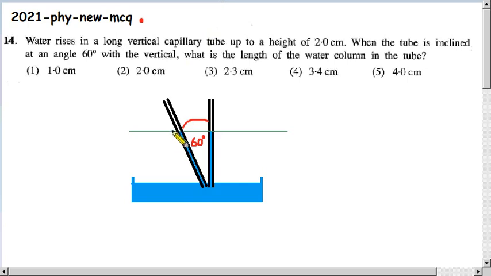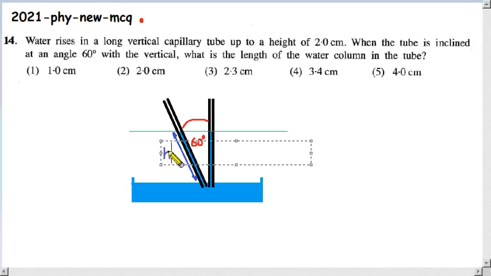What they want us to find out is this length along the tube. What is the length of the water column in the tube? So this length is the length that we have to find out. Let us say it's simply h.